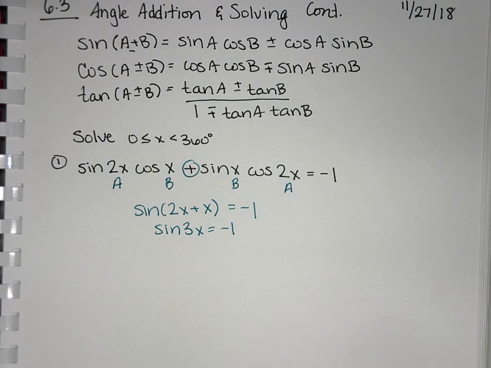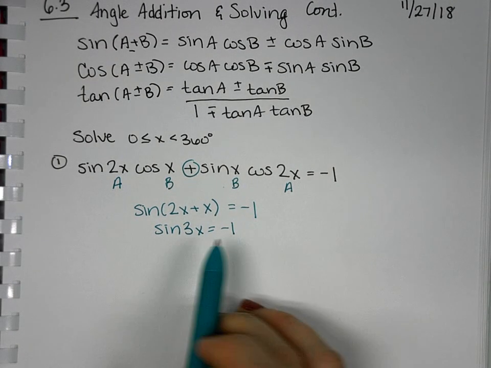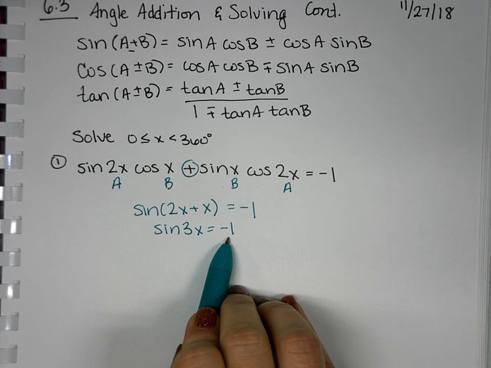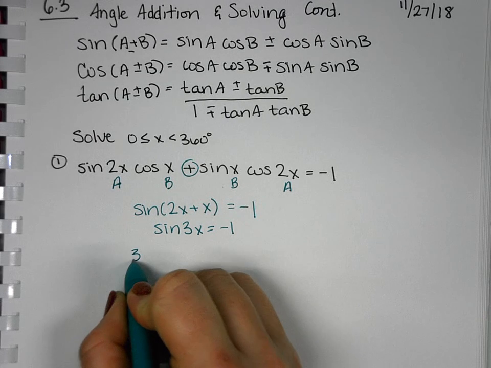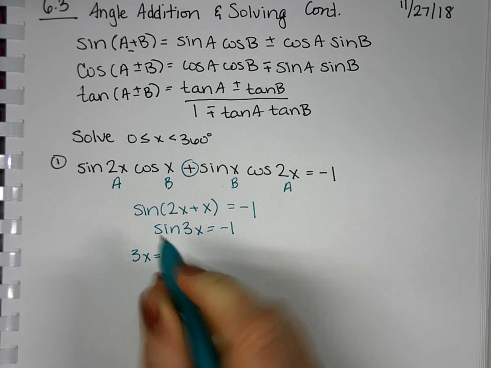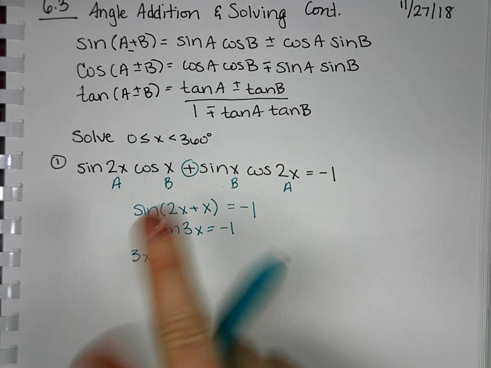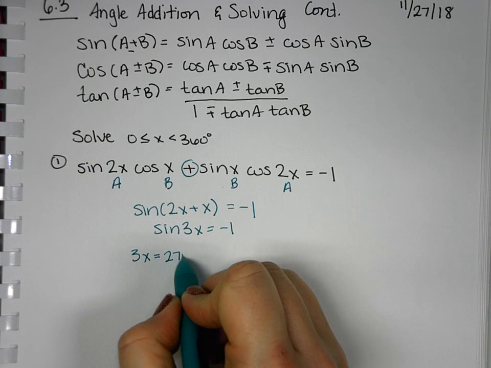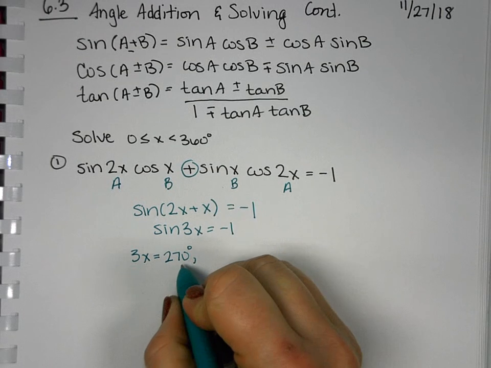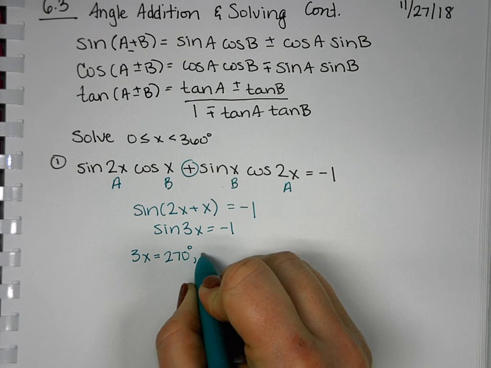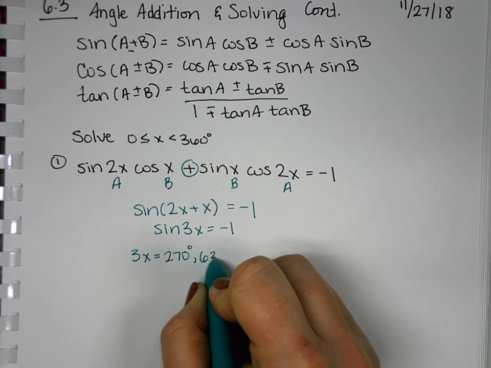And now we're going to look at which angles give us a sine value of -1. And we want to remember that because of the 3 here, we have to think of it as 270 and then the other 2 coterminal. So I should have 3 angles here. So when I add 360 to 270, I end up with 630.